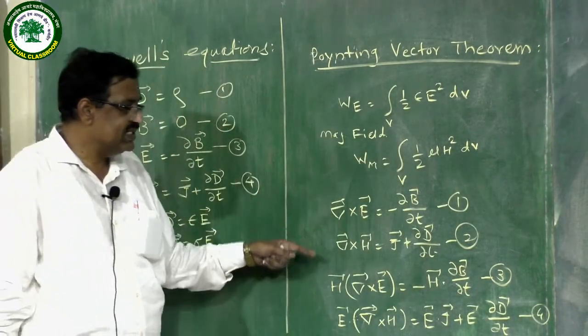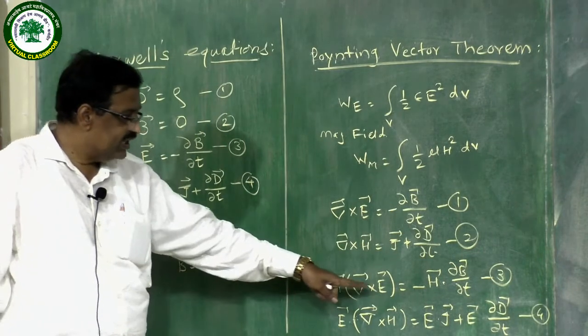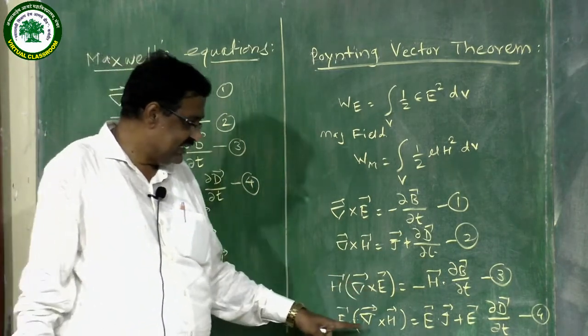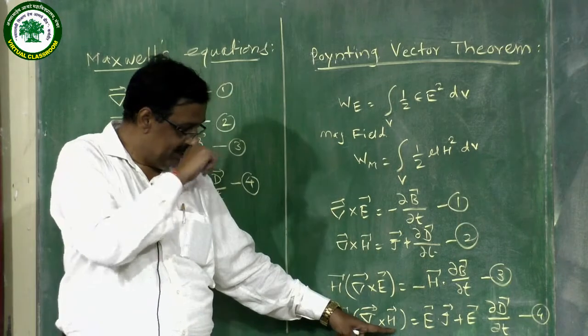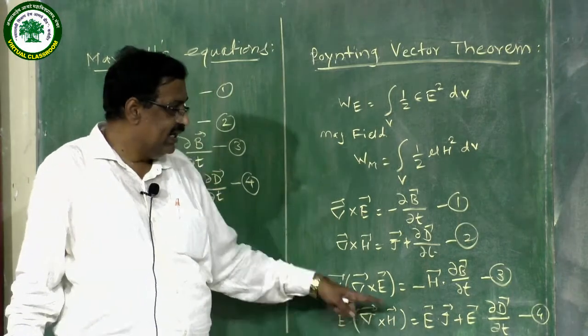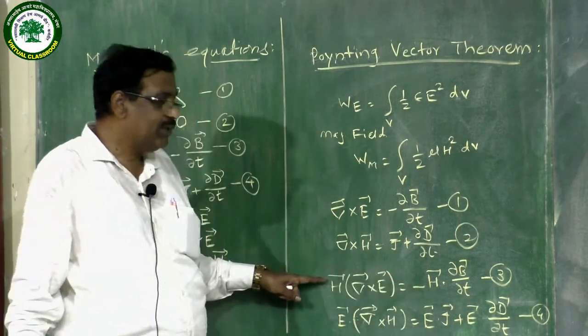Now we have two equations, one associated with the curl of electric intensity, and another for the curl of vector H, that is, magnetic intensity. Now subtract equation 4 from equation 3.